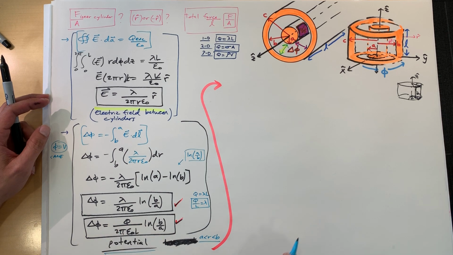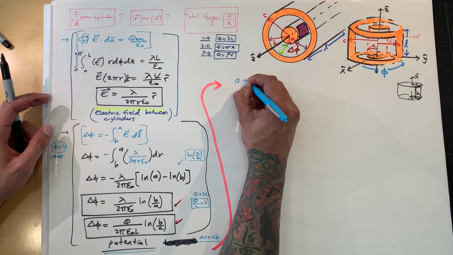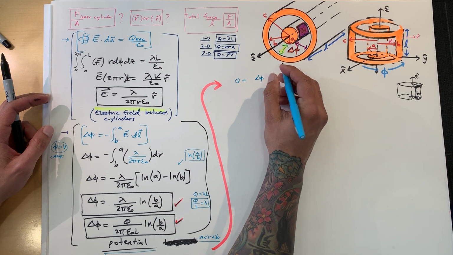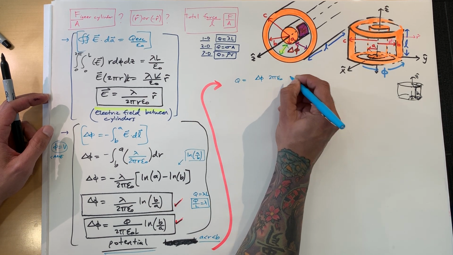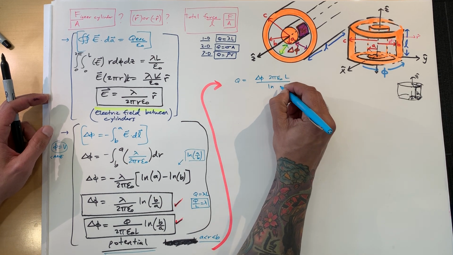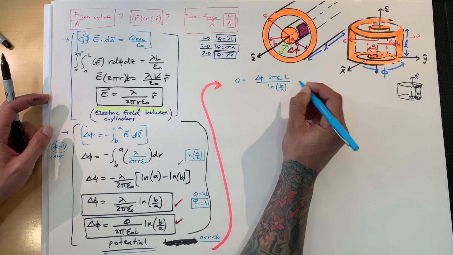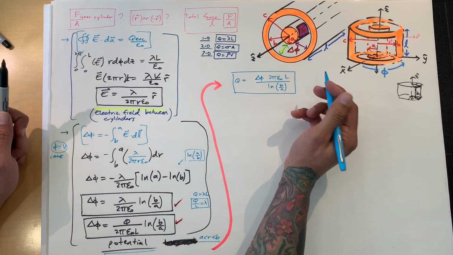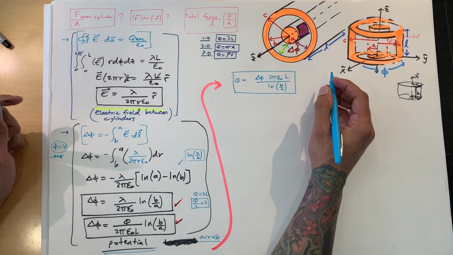Do some algebra, and we get Q is equal to the potential times 2 pi epsilon naught L over ln of B over A.